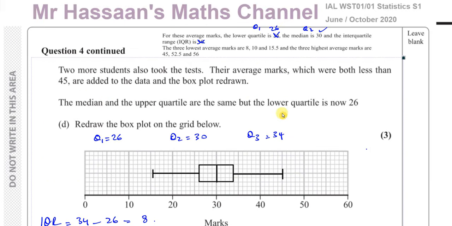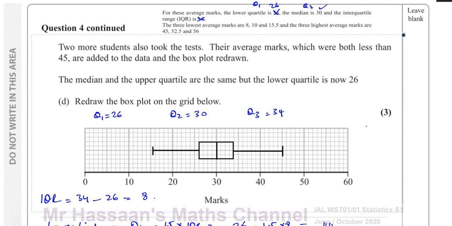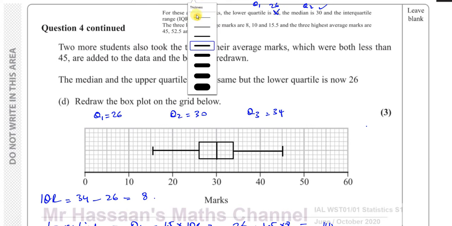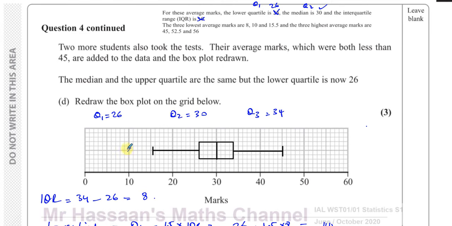They're going to show the outliers. We now have two outliers on the lower side, 8 and 10. So one outlier here is 8 and one is 10. The next value is 15.5, which is in our range, and the limit was 14, so that's fine.